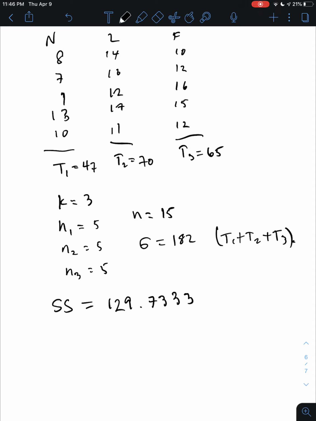Similarly, I could work out what SST is using formulas that I've given you, but I won't ask you to work it out. I will just do it for you, and it's going to be 58.5333. This should be enough to get us started, so let's start building this ANOVA table.